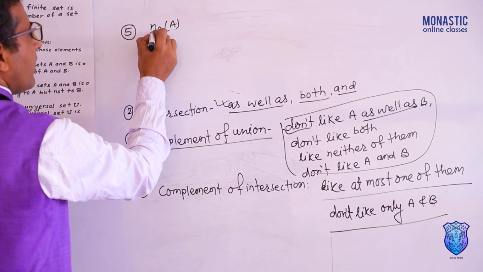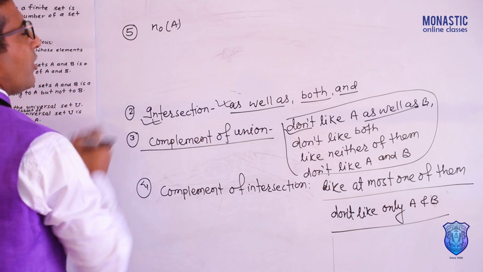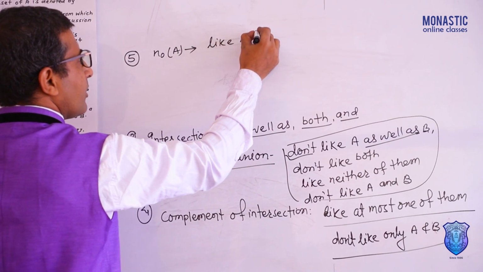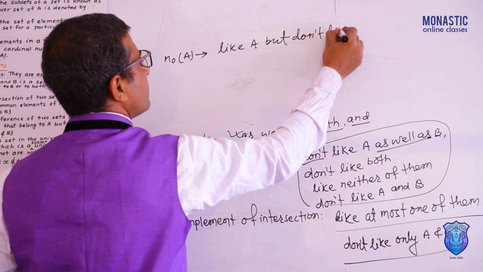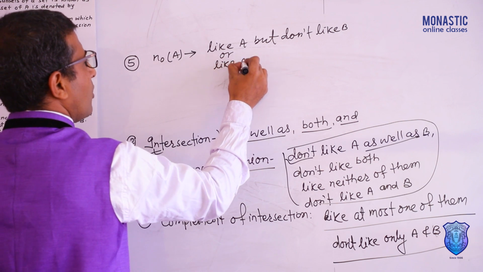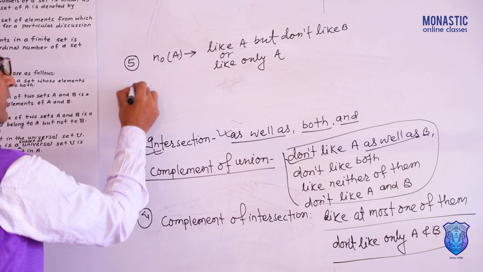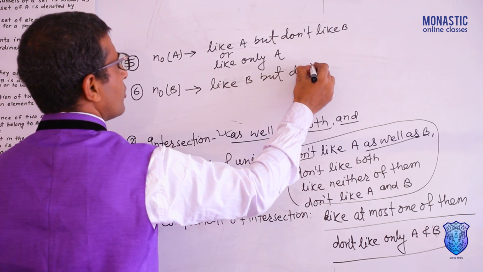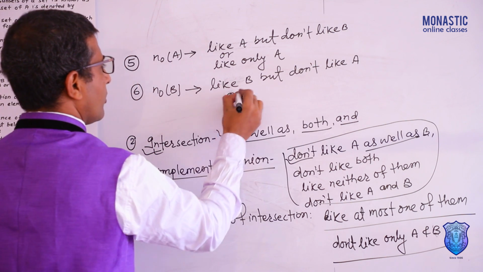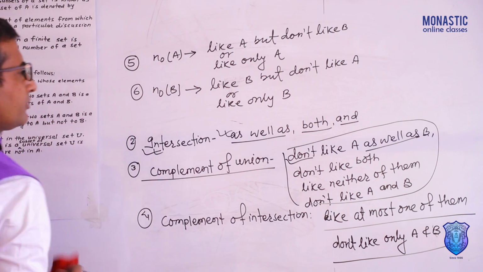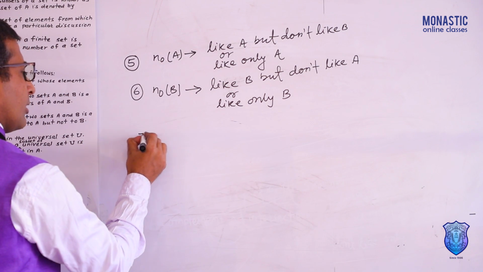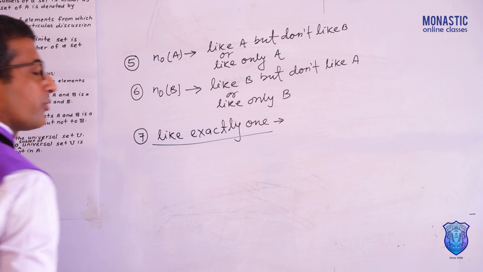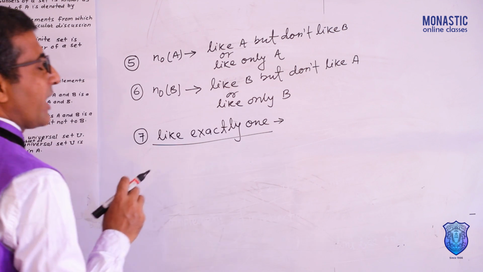This we will read as A and not B, or only A. In simple language it will be given as: like A but don't like B, or like only A. Same way, B and not A, or only B: like B but don't like A, or like only B. Like exactly one: exactly one and at least one have different meanings.